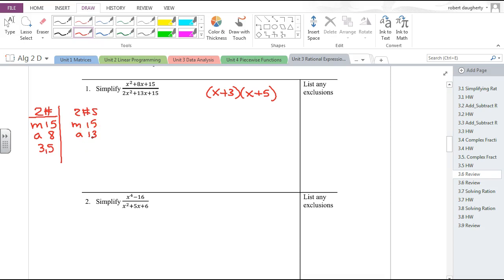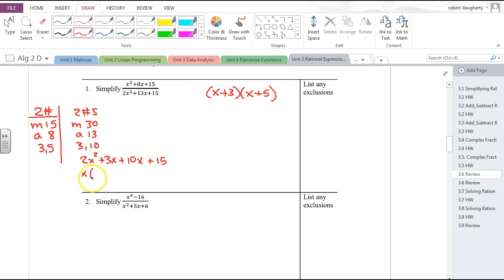So in this case, back up, that was a mistake. These two numbers do not multiply to 15. These numbers multiply to 2 times 15, so it's two numbers that multiply to 30 and add to 13. Those numbers are 3 and 10. So this is 2x squared plus 3x plus 10x plus 15.